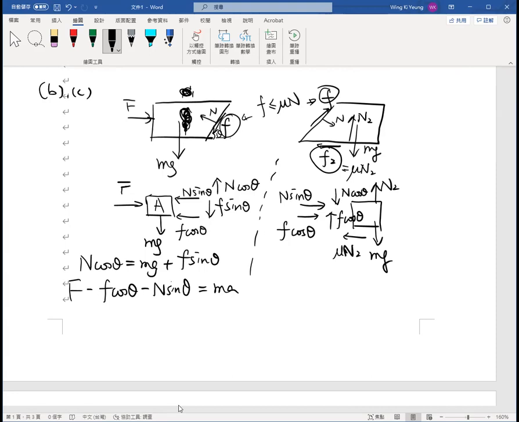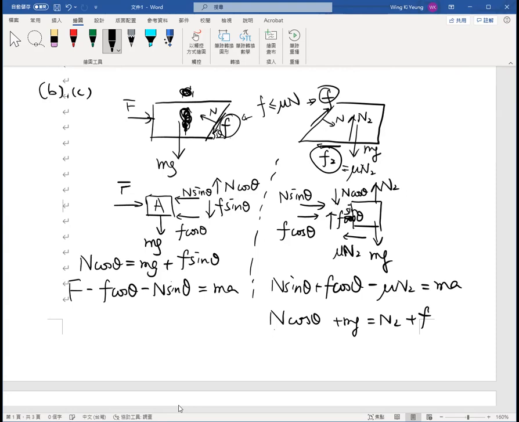Then for the horizontal force of object B: N sine theta plus F cosine theta minus mu N2 equals ma. The vertical force is N cosine theta plus mg equals N2 plus F. Oh, sorry, this is sine theta.